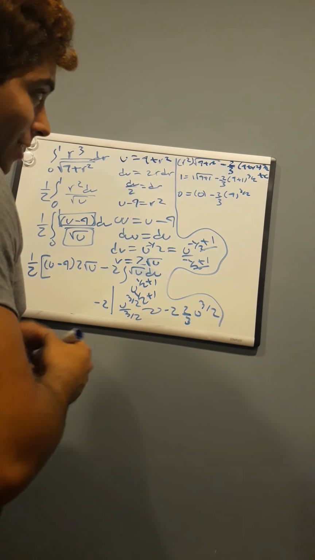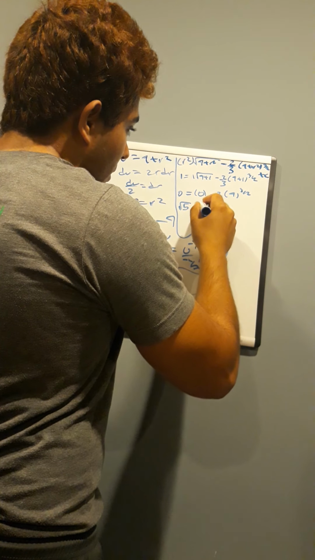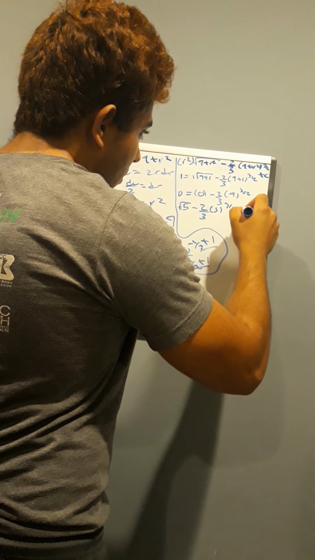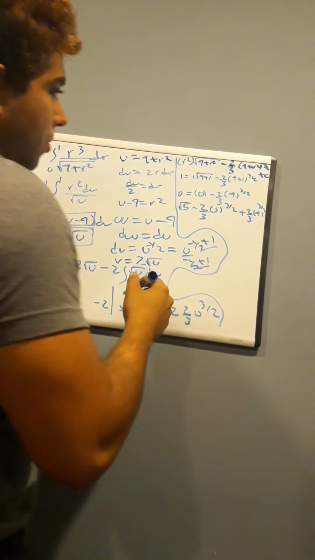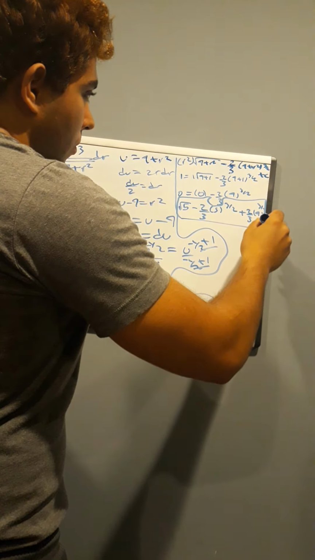So if I then simplify everything out, this is just radical 5 minus 2 over 3, 5 to the 3 over 2, plus 2 over 3, 4 to the 3 over 2. And that is the answer we want.